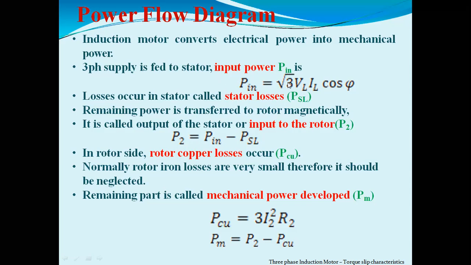That's why we take its value as square root of 3 VL IL. If you see the star and delta connection, you will get how we get the square root of 3. So when we use an induction motor, we are converting electrical energy into mechanical power, but there are some losses.